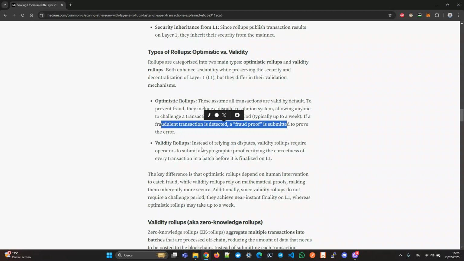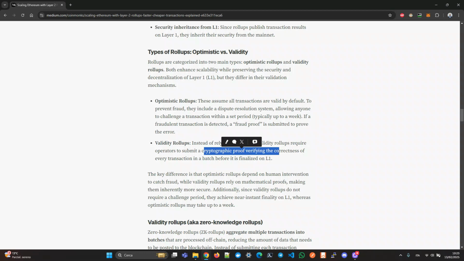Instead, validity rollups rely on proofs. Validity rollups require operators to submit a cryptographic proof verifying the correctness of every transaction in a batch before it is finalized on layer 1.